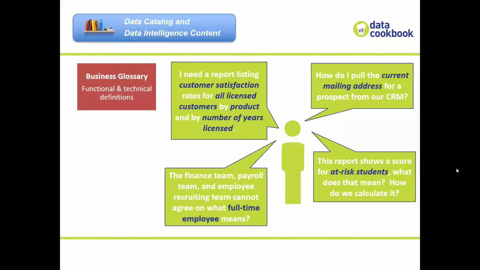So why does this exist? We talk about this concept of functional and technical definitions. The important thing to understand about a glossary is, and some of you might be saying, well, where's the data dictionary in that list? I talked about the business glossary, a data catalog, and data models, but I didn't say anything about a data dictionary.